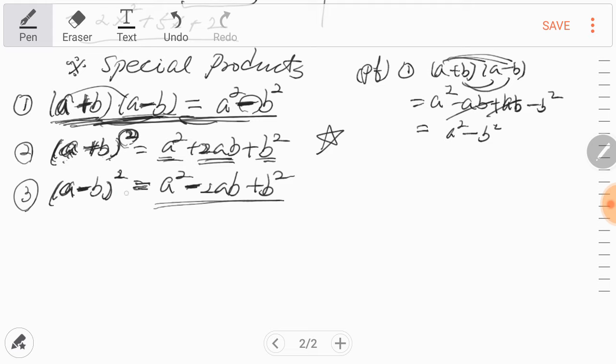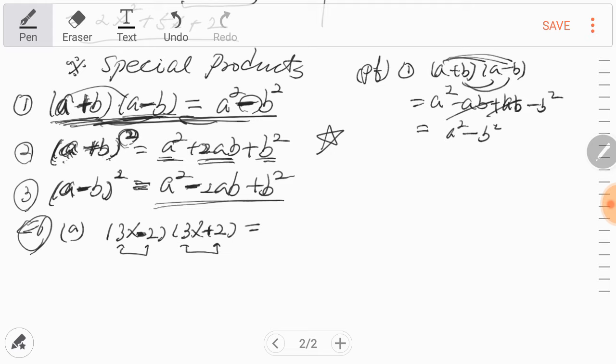Okay, so this is a useful special product, so don't forget this, memorize this one. Using this, let's do an example. Example 6: 3x minus 2 times 3x plus 2. The two terms are the same, 3x and 2, and the sign is different. This is subtraction, this is addition.